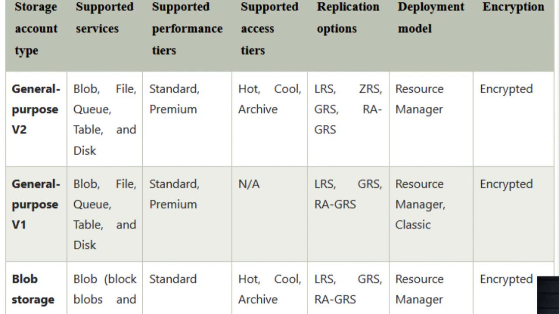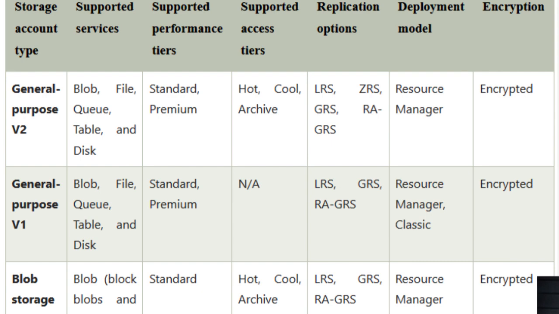In that case, the data is always available, even if one node is not available. Or we can say that the data will be available even if the entire data center goes down, because the data is already copied in another data center within the region. However, if the region itself is gone, then you will not get the data access.